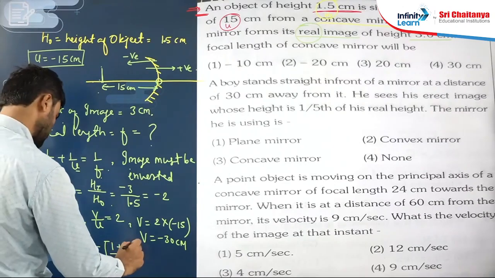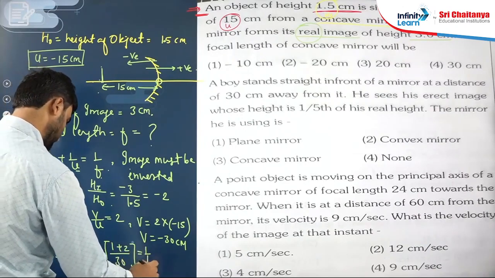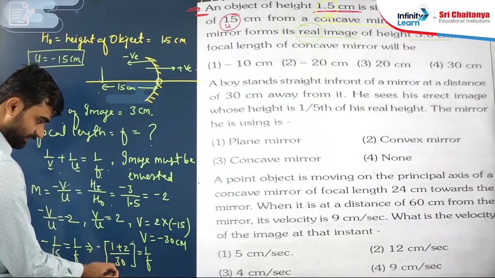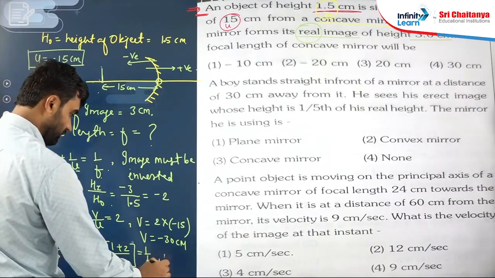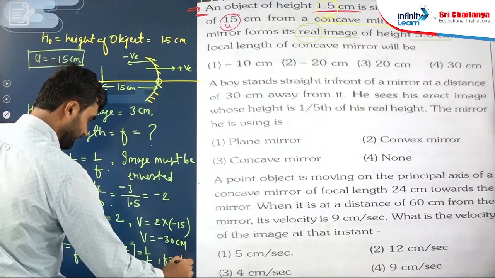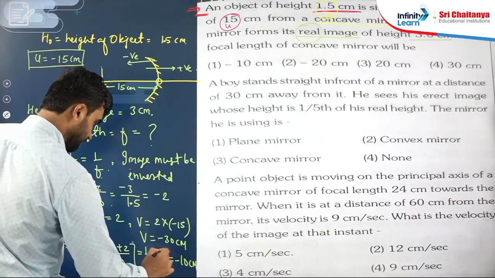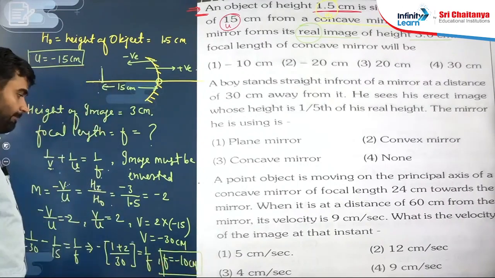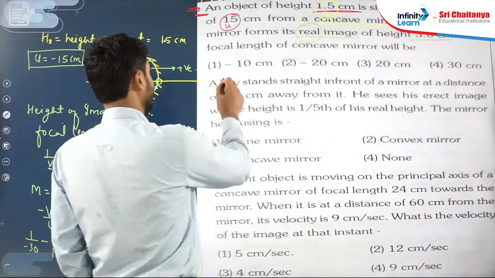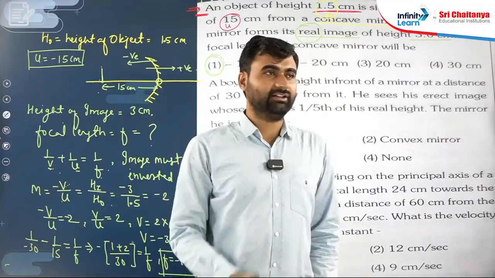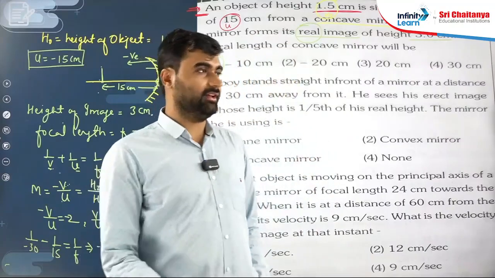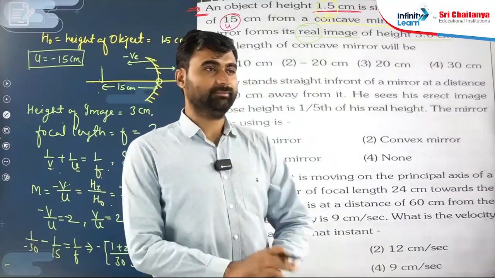Right? Equal to 1 by f. Now this is 3 by 30, that is 1 by 10, with the minus sign. So f equals minus 10 centimeter. This is our final answer. So the first option is correct. Many of you were getting the fourth option. Finally, many students said this answer, the first option.